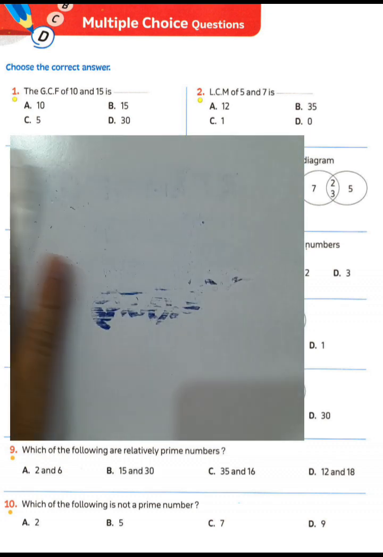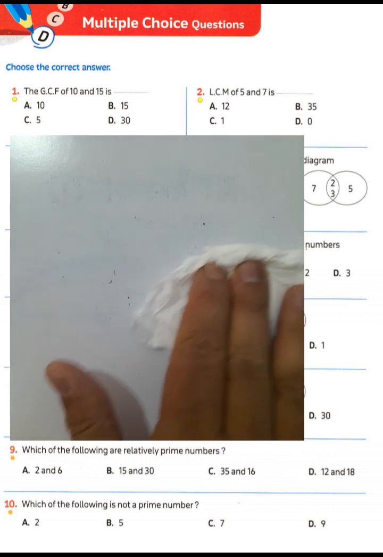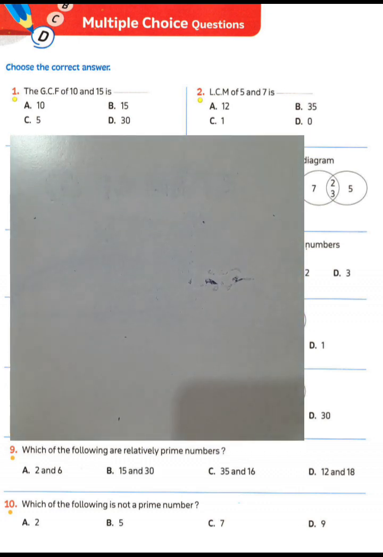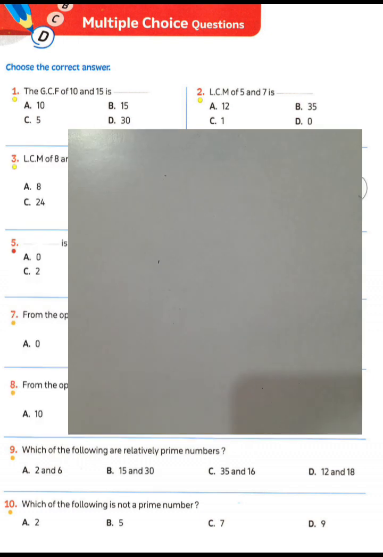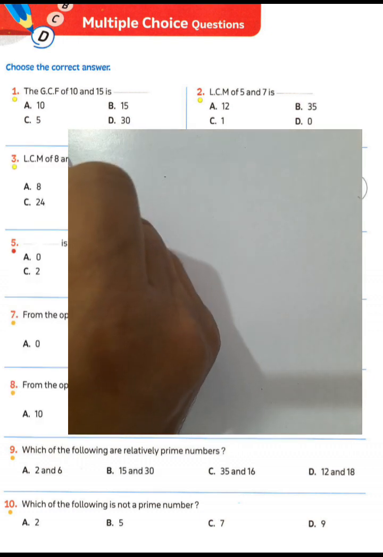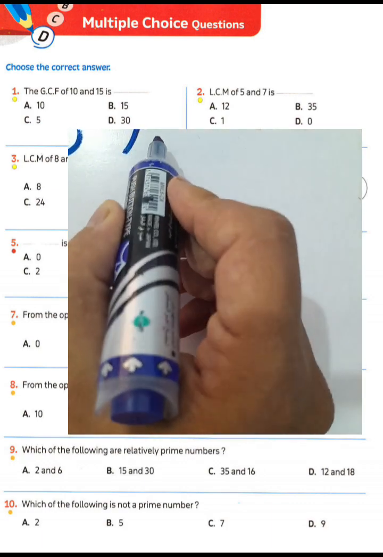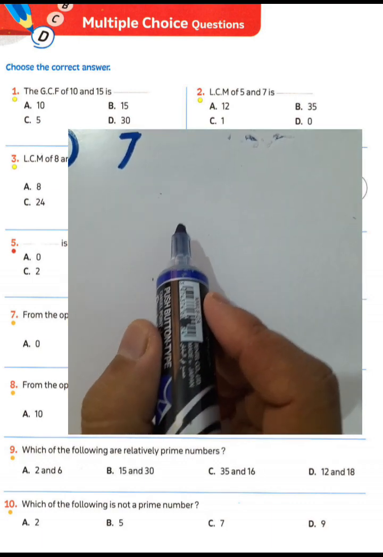Question number 2. The least common multiplication of 7 and 5. We know 7 and 5 are prime numbers.